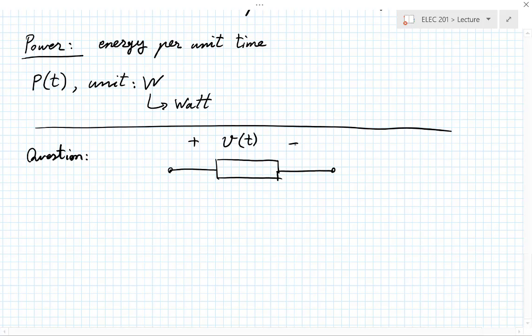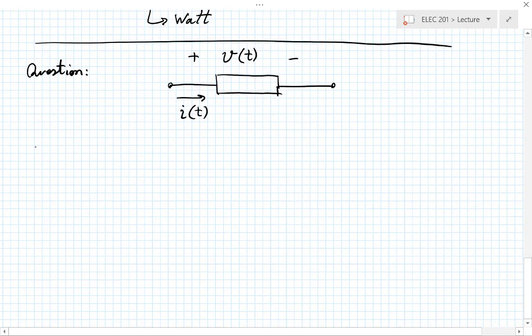And I have explicitly said that the voltage is changing with time. Of course, this element is connected somewhere else, but I'm not showing all that. And there is this current through it.